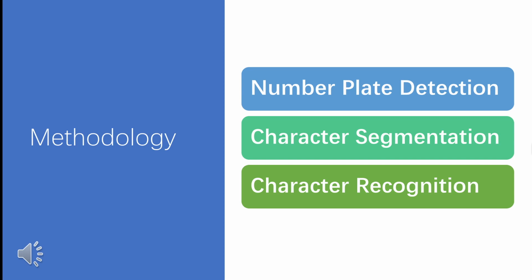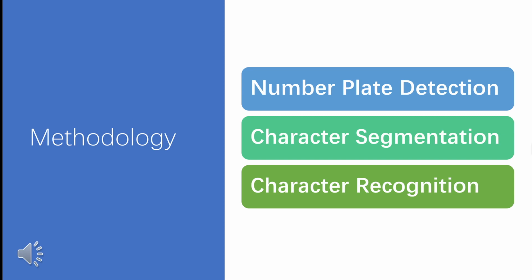There are three steps involved in number plate recognition. The first step is to detect the license plate from the car. We will use the contour option in OpenCV to detect rectangular objects to find the number plate.